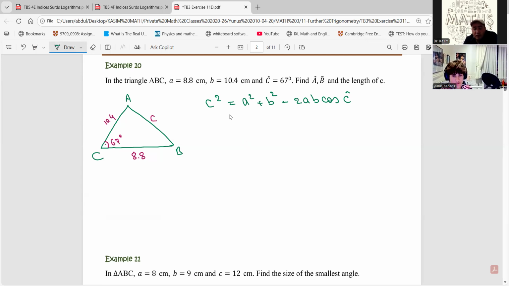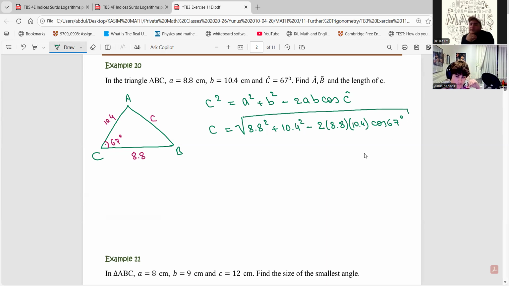Since I'm going to find C, C equals the square root of 8.8 squared plus 10.4 squared minus 2 times 8.8 times 10.4 times cosine of 67 degrees.